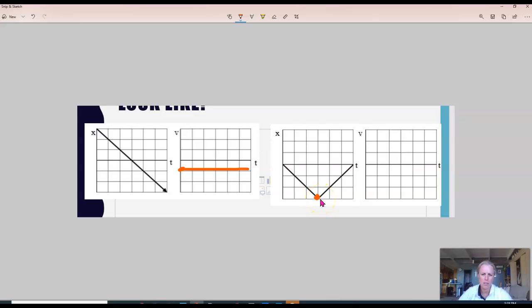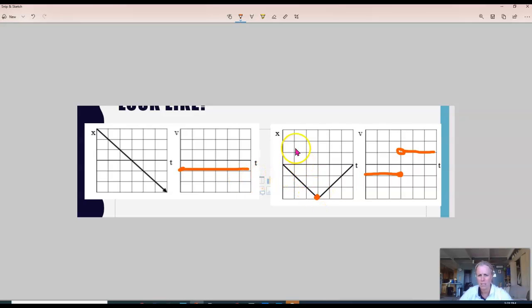For something to turn around, it's got to slow down and then speed up again. But starting at 0, we go in the negative, so we have a negative constant velocity of negative 1, and then I'll put a little circle, and then it turns into positive, like that. So that's what the velocity time graph would be.